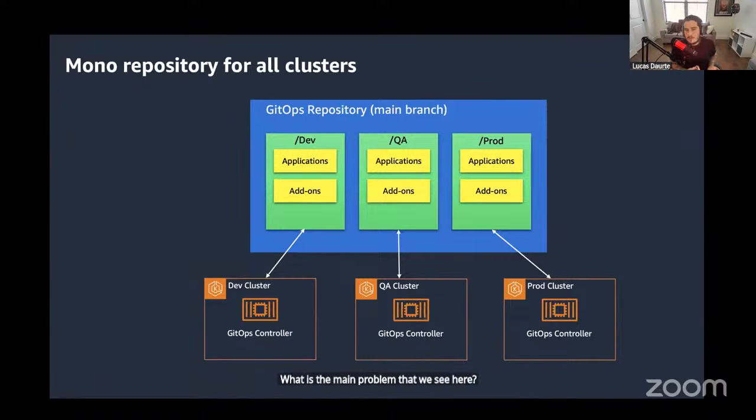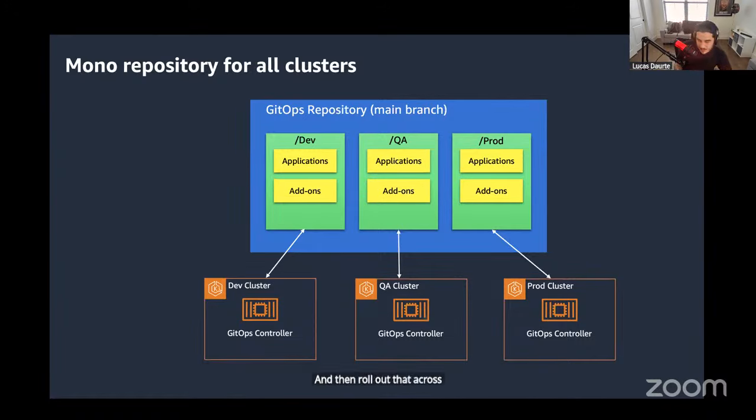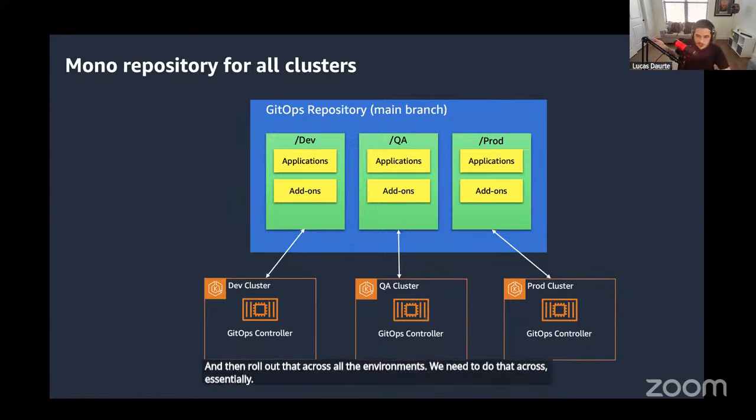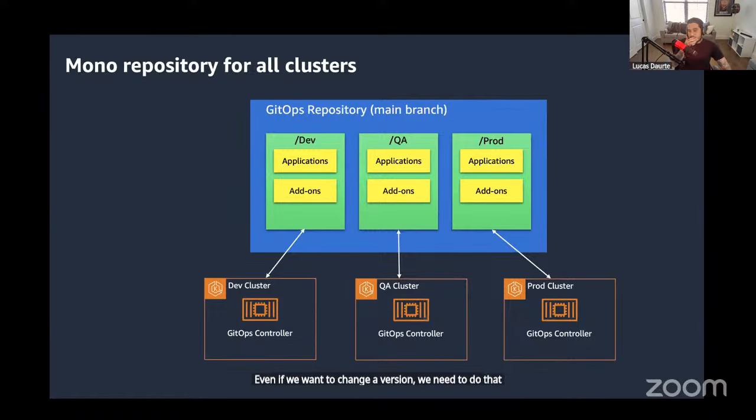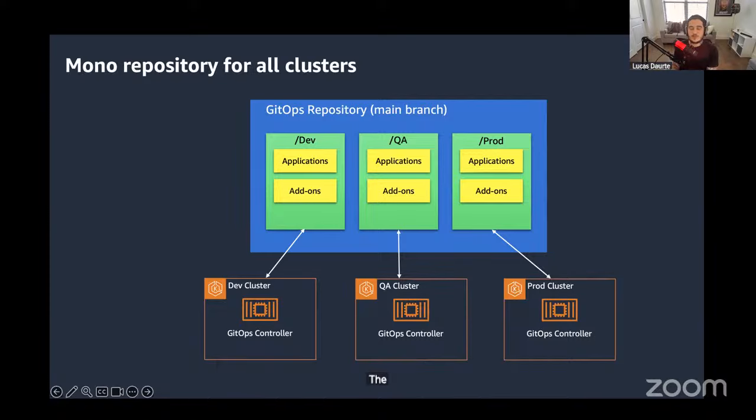One, we are copying and pasting add-ons. So if we need to update add-ons in dev and then roll that out across all the environments, even if we just want to change a version, we need to do that in every single manifest. And on top of that, we have the application definitions. But the biggest pain point that we see when using a strategy like that for different environments is role-based access control.